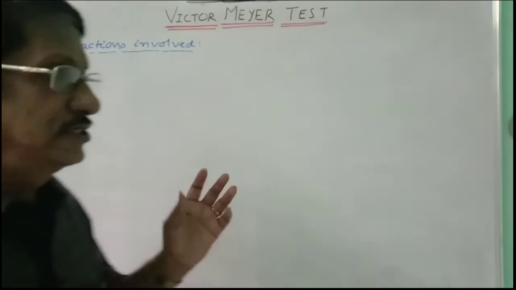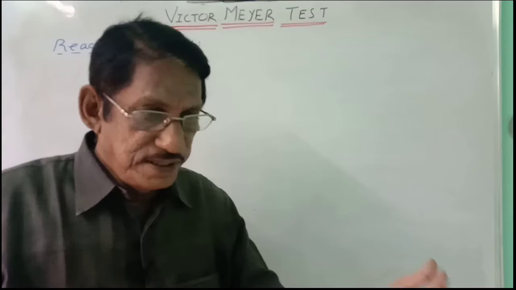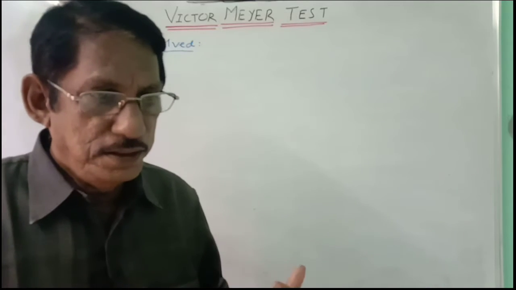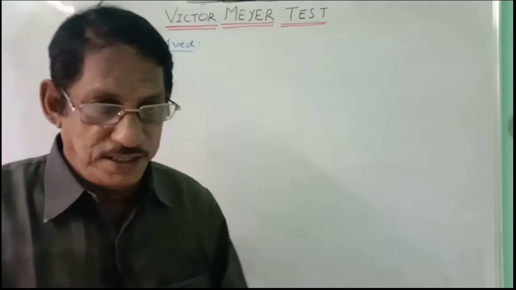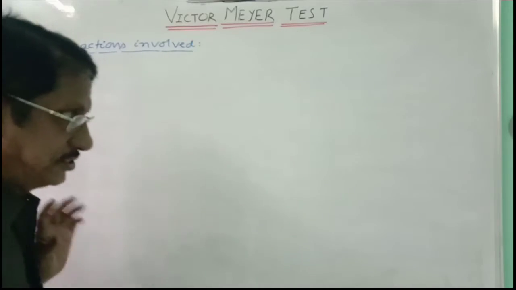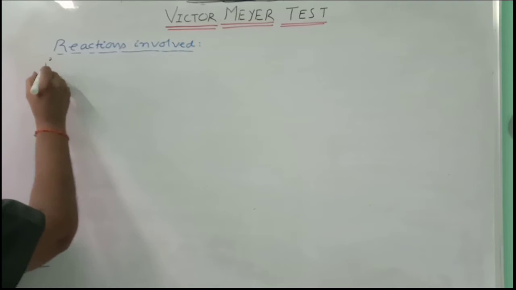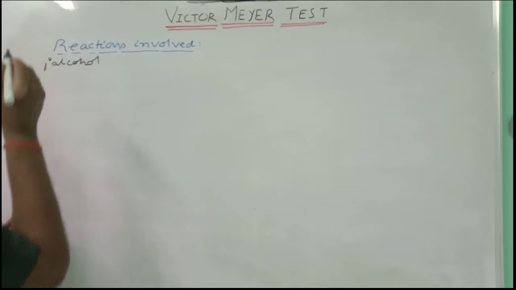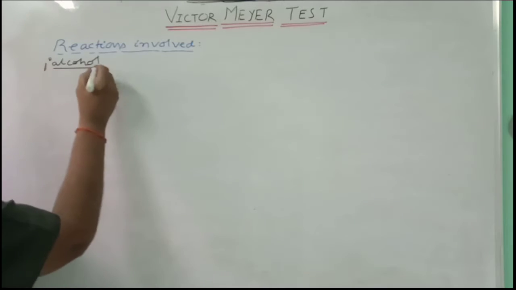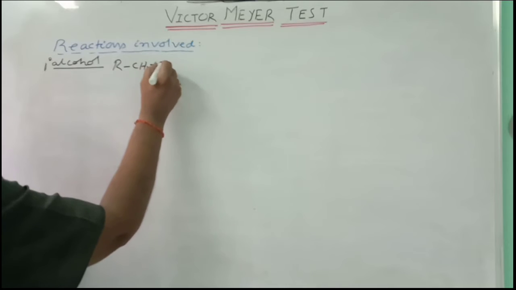Now, let us consider the reactions involved and what are the products obtained finally, why there are different colors and why there is no color in the case of tertiary alcohol. Let us know reactions here. First of all, I am taking primary alcohol, which can be represented as RCH2OH, right?